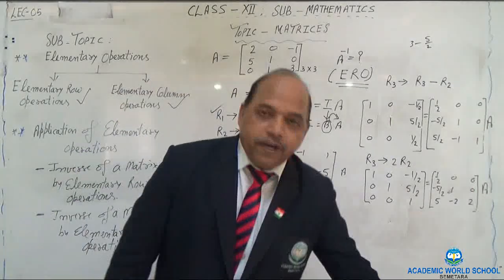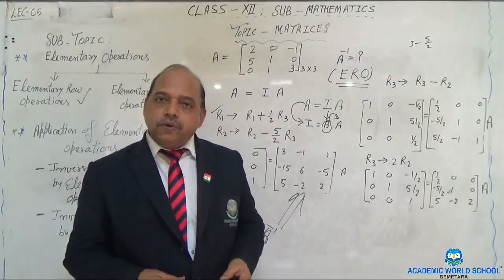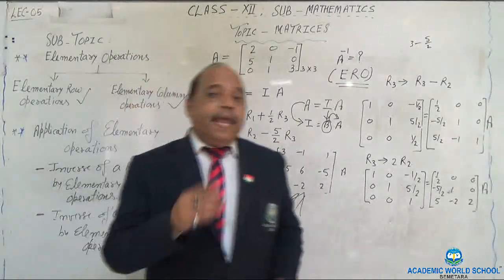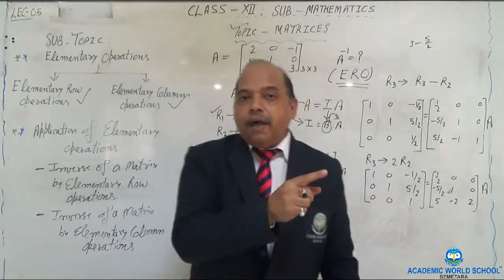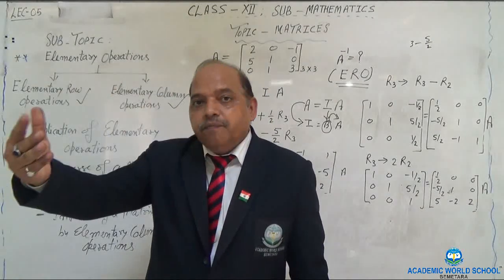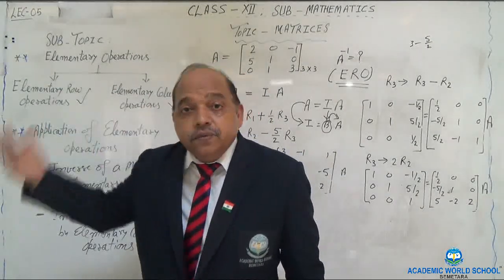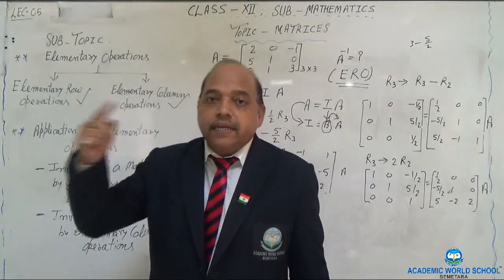Last point, remember that in the same manner you can apply for columns also. It may happen in some cases that all elements of any specific row or column become 0. In such cases the inverse will not exist.